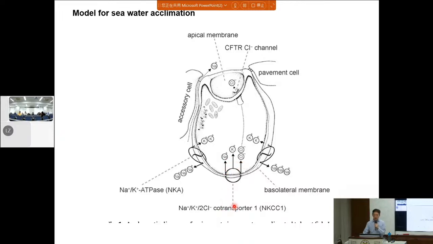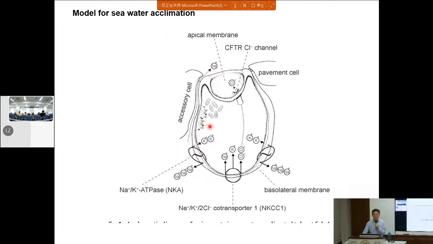So they will use the sodium gradient to transport the potassium and the chloride inside the chloride cell. And then the chloride diffuses by the gradient to outside the body. And for the sodium, they use the cell-cell junction to passively leak out of the body.